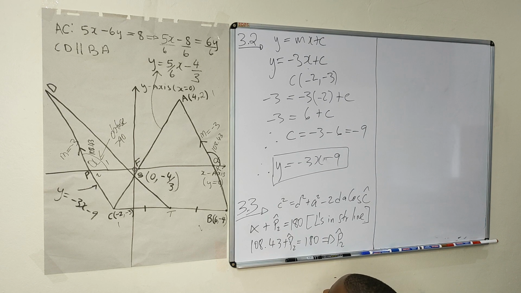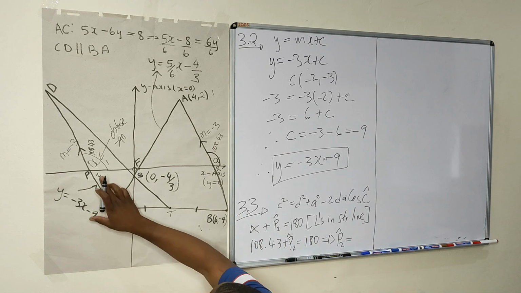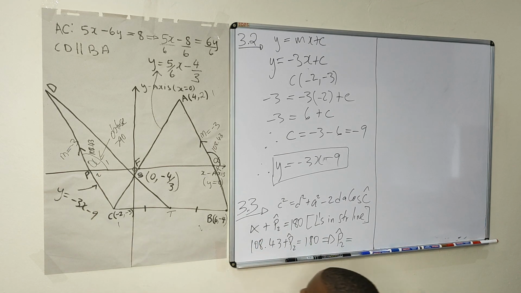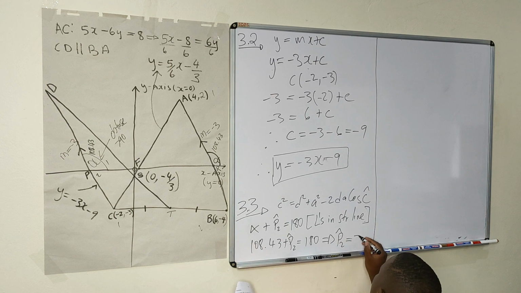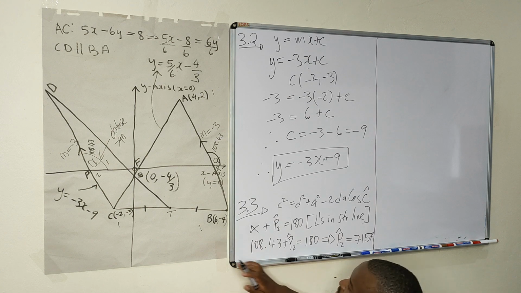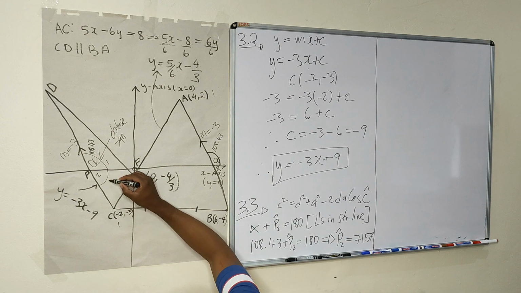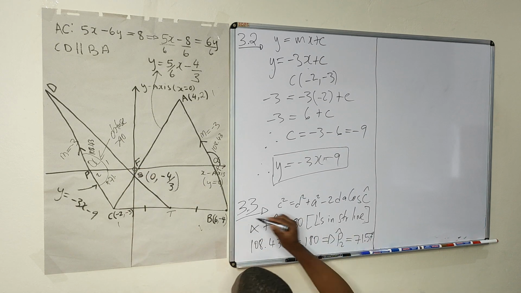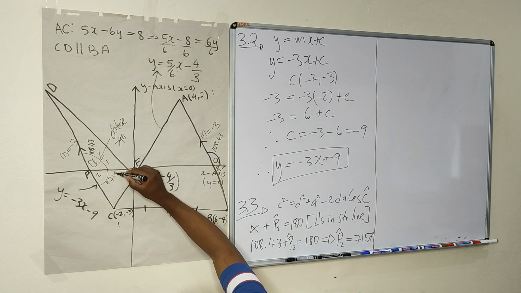So this angle here, what is it? This angle here is going to be 71.57 degrees, and this angle here is also 71.57 degrees.